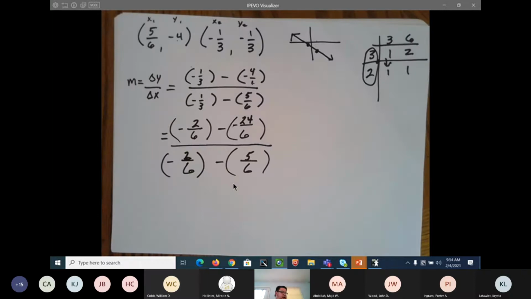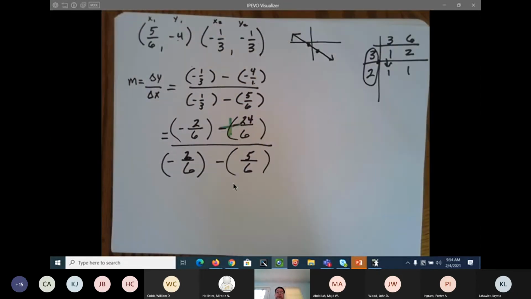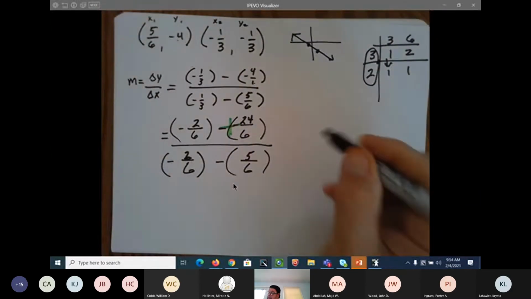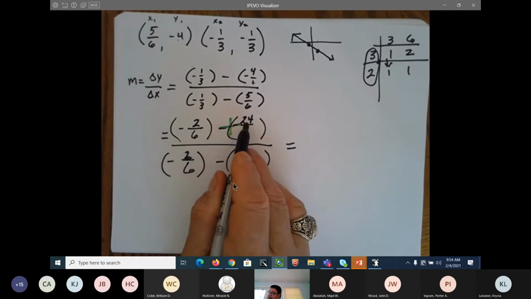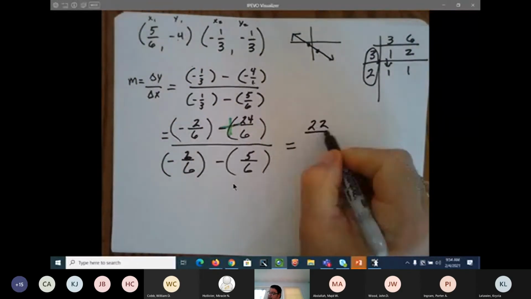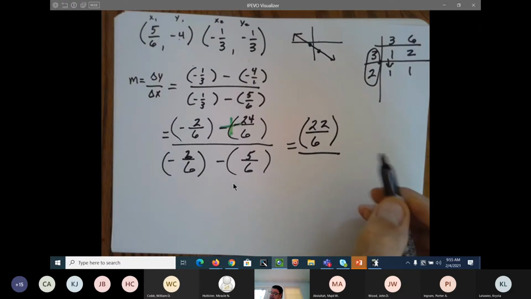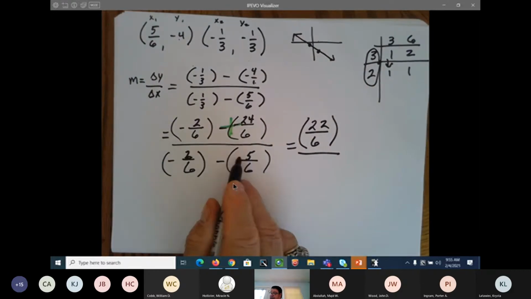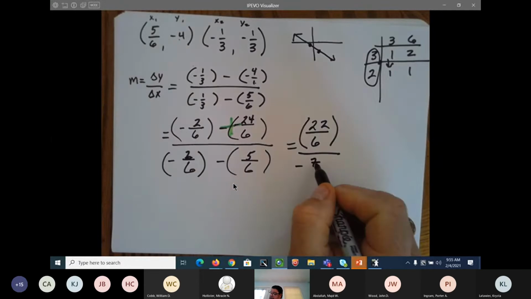So I'm going to take my handy dandy green marker, and I'm going to turn this into a positive, and that's going to be -2 plus 24 is 22, divided by -2 plus 5, or 2 plus 5, is -7/6.